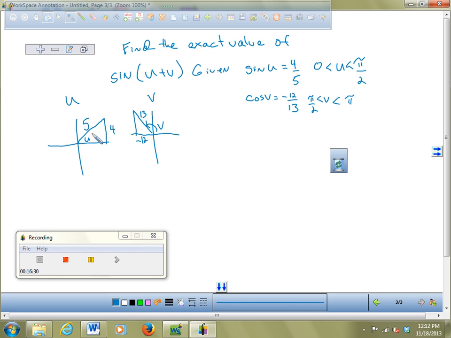Then you do the Pythagorean theorem to find this side, which comes out to be 5. You guys don't know this Pythagorean triple? This is another Pythagorean triple. A lot of times they'll have nice, neat numbers that come out nice. Okay.